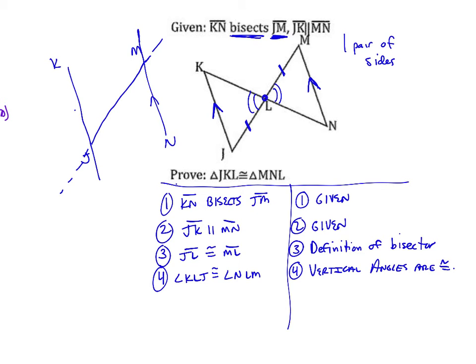These are parallel. So I would argue that this angle here and this angle here, which translates to this angle and this angle, would be alternate interior angles. So I would say angle J is congruent to angle M, and they are alternate interior angles.